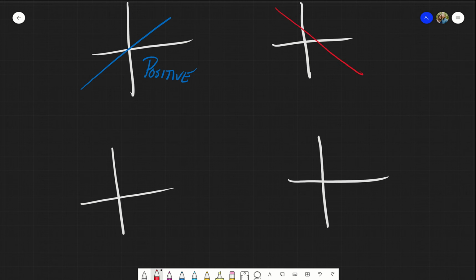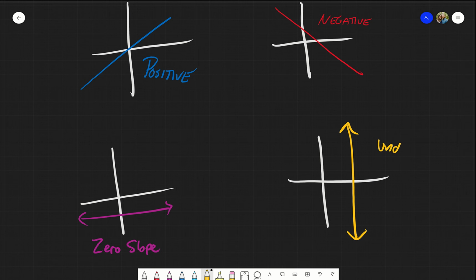Graphs that are going downward in a line are negative graphs. If my graph happens to be going side to side perfectly, this is a zero slope graph. There's no slope to this. It's going perfectly side to side. It's a zero slope. And if it happens to be going perfectly up and down, this is called undefined slope. So up and down is undefined.